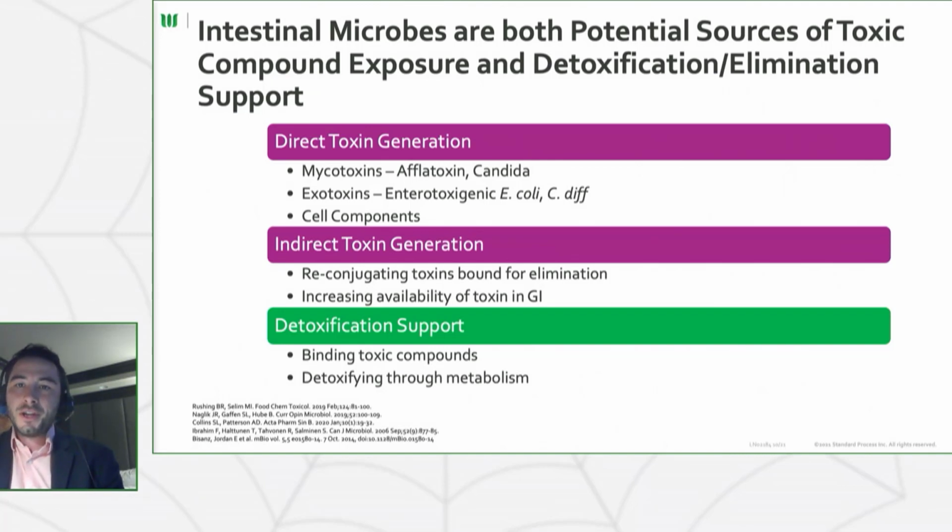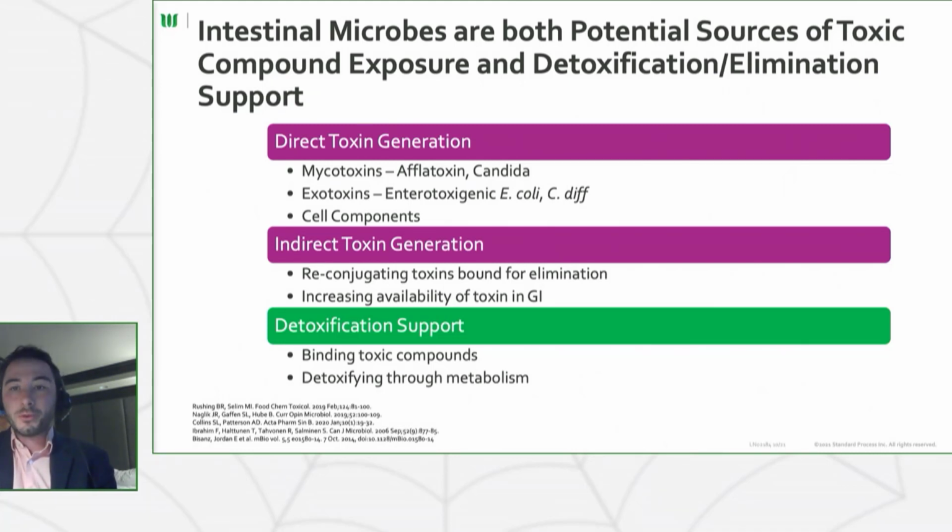So looking at microbes as a potential source of compound exposures, but also a supportive agent for elimination, you have direct toxin generation that can occur via some of these microbes. Yeast produce mycotoxins. There's some literature around Candida, though is it a mycotoxin, or a different toxin that's not quite as large? Candida does have some affiliations with that. But the very classic ones would be those aflatoxins that do wind up occurring on food.